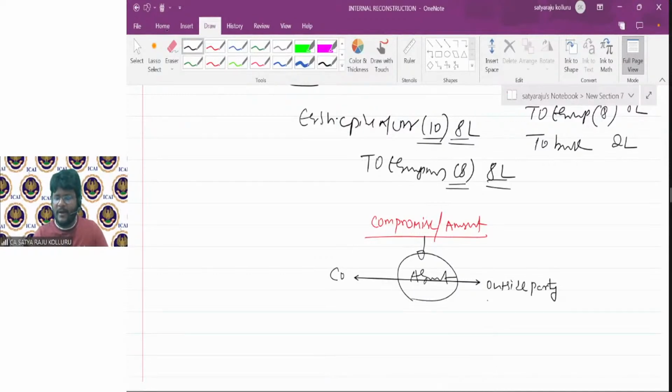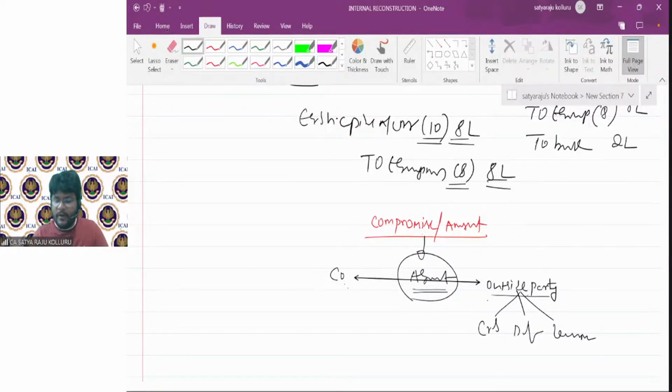The outside parties, as I told you, are generally loan or liability holders, creditors, debenture holders or loan parties, anyone. Compromise or arrangement is an agreement entered between the company and the outside party.